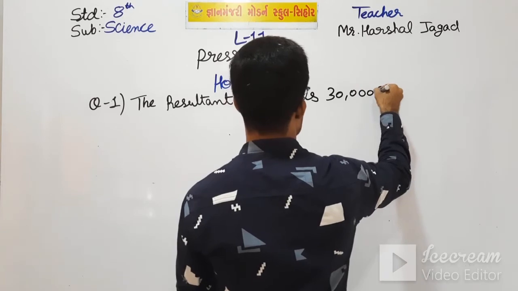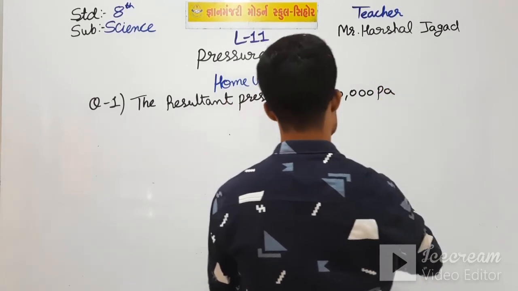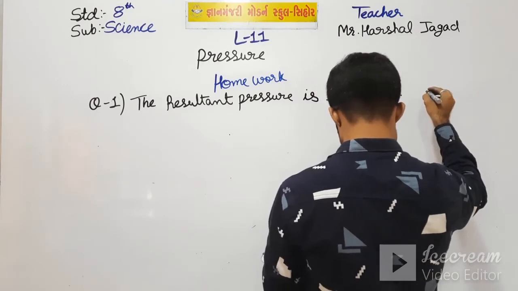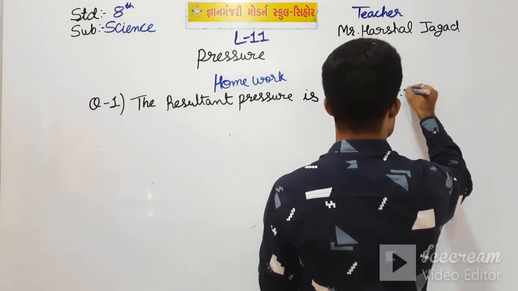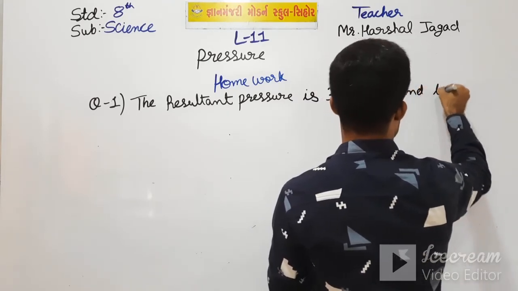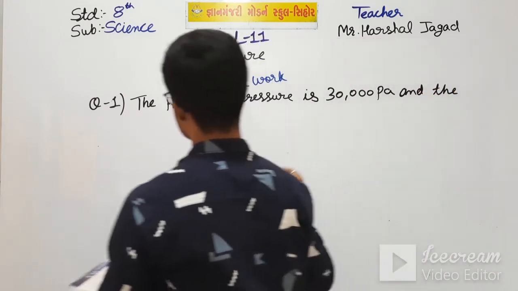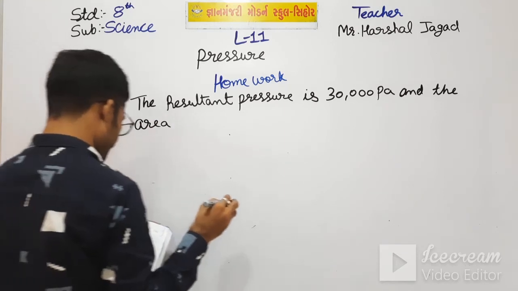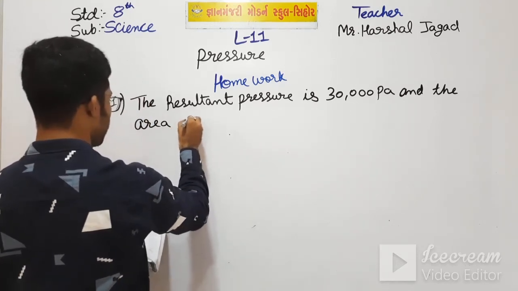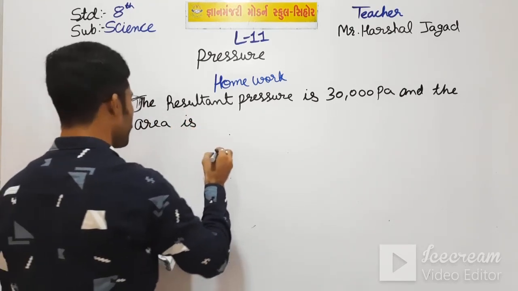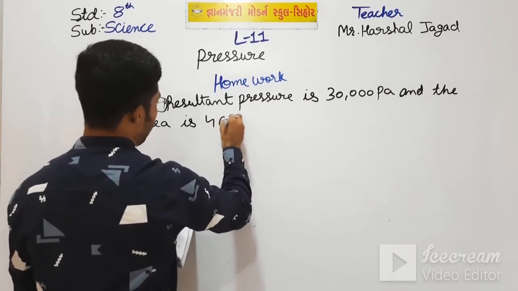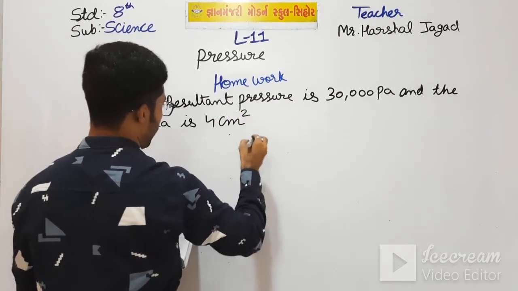is 30,000 Pascal and the area is 4 centimeter square.